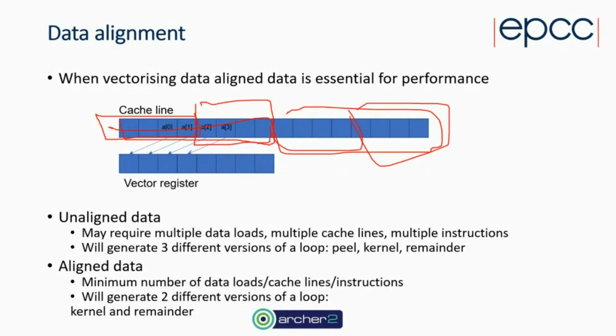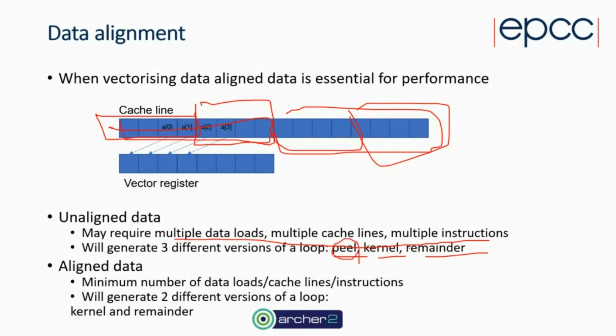And so what happens is the compiler says, I can vectorize this, I will vectorize this, but if your data is not aligned, I'll do multiple data loads for multiple cache lines. And it'll create these 3 different bits of code. It'll create a kernel loop, which is fully vectorized and runs vector instructions.